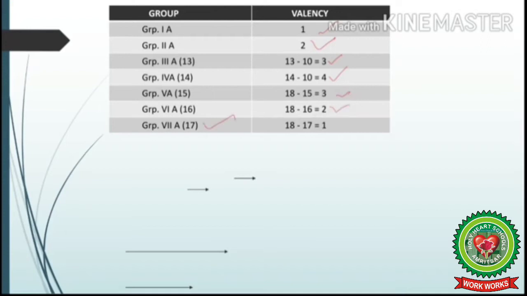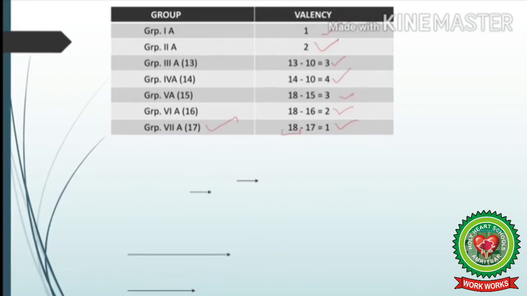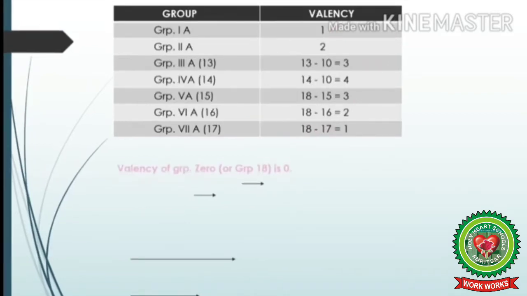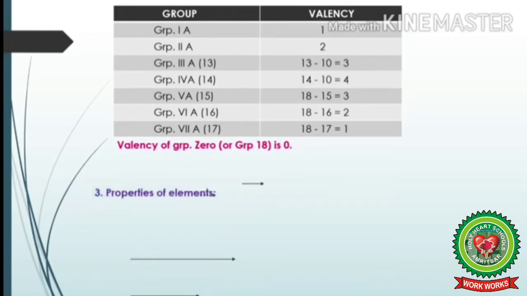And for group 17, it will be 18 minus 17 is equal to 1. Where 18 is the number of the last group, that is group 0, minus the group number. The valency of group 0 or group 18 is 0.